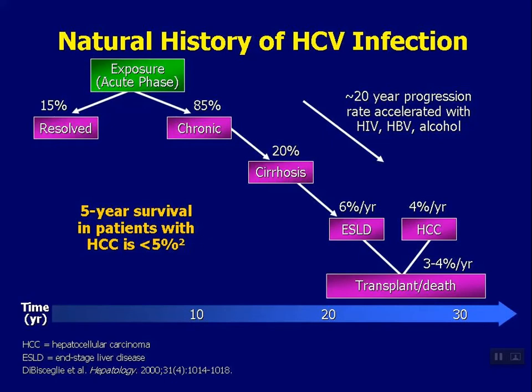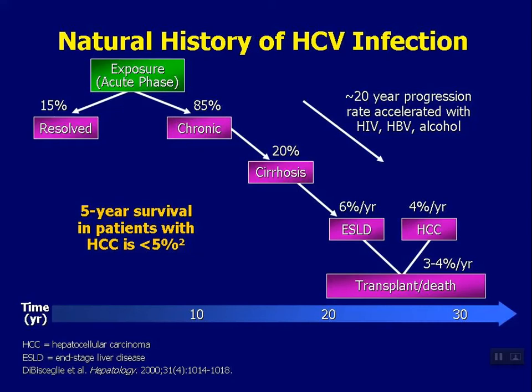This is the natural history of hepatitis C virus infection. About 15% will resolve after the acute phase, while 85% pass to chronic stage. 20% of them pass to cirrhosis.